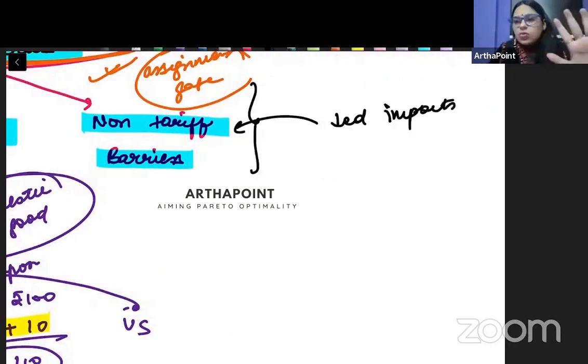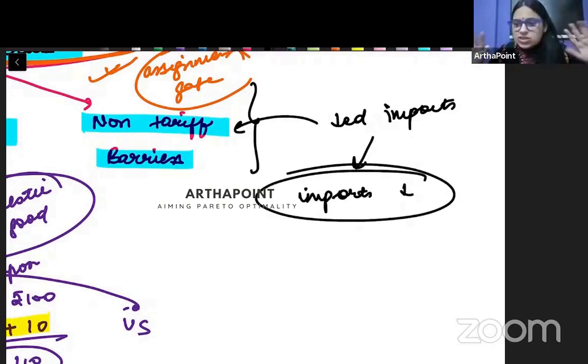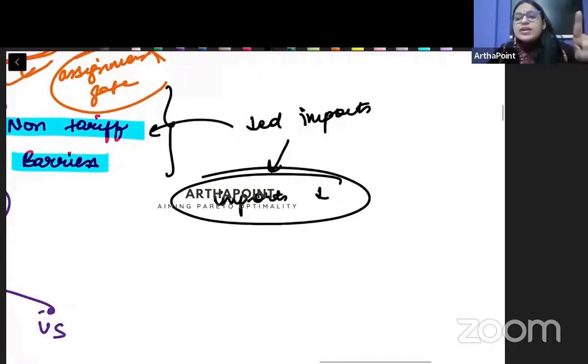But tax मत लगाओ. कुछ भी और करो जिससे imports घट जाए. So we want to reduce the imports. काम हमारा है कि हम imports को कम करें, but हम tax नहीं लगाना चाहते. We don't want to put any tax on it. हम किसी और तरीके से imports को कम करेंगे. We want to reduce the imports by some other technique.